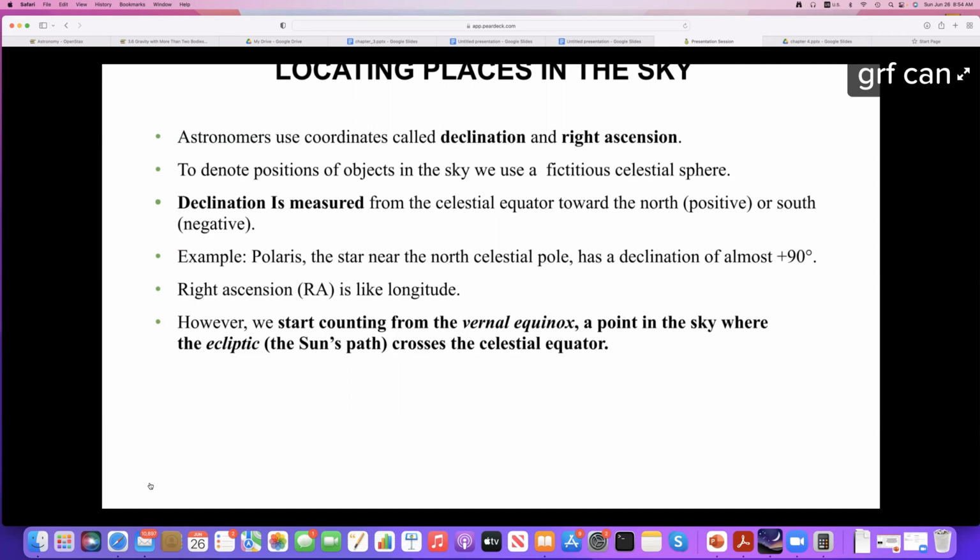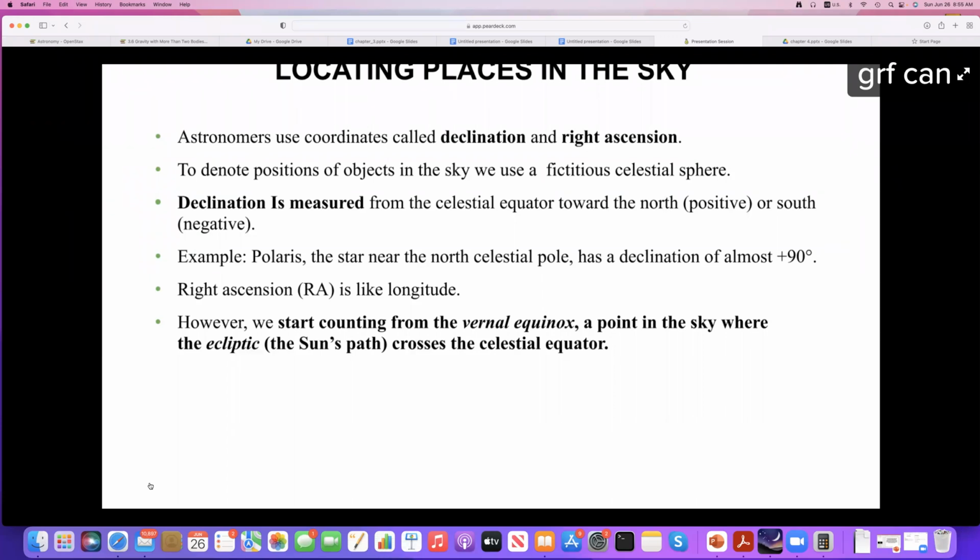Now, the Sun normally crosses the celestial equator two times per year, and one of those points where it crosses the celestial equator, we call the vernal equinox. We are going to use that point as the reference point to measure right ascension. The value of the right ascension at this point will be 0, and we will be measuring everything with respect to that.